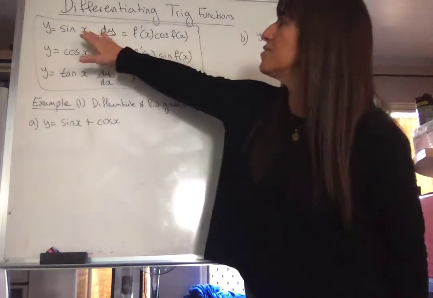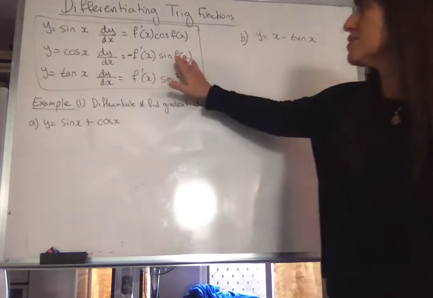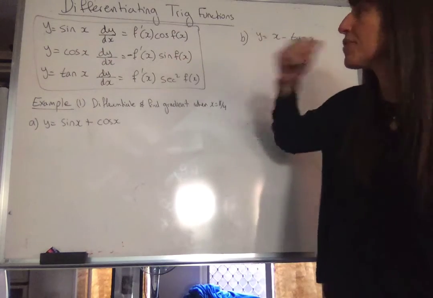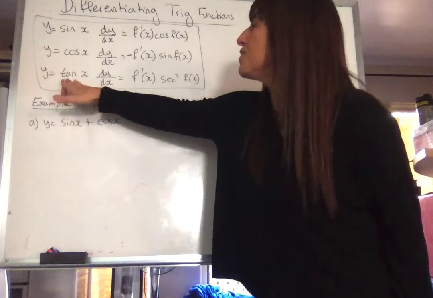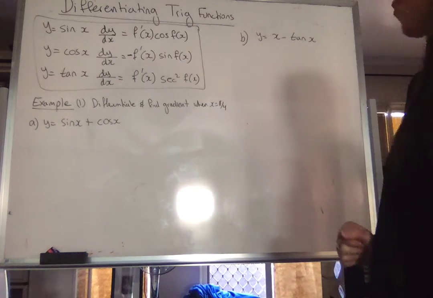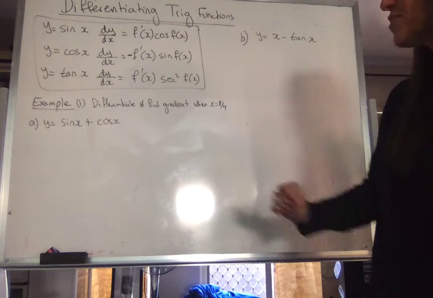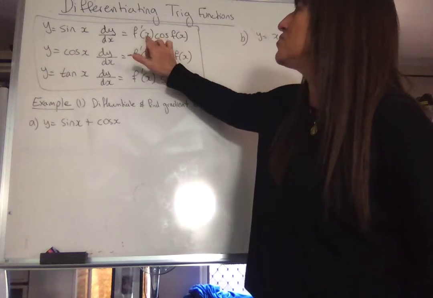So we know that the derivative of sine x is cos x. The derivative of cos x is negative sine f of x. And the derivative of tan is sec squared f of x. All right. And of course, this at the front is telling you to differentiate.